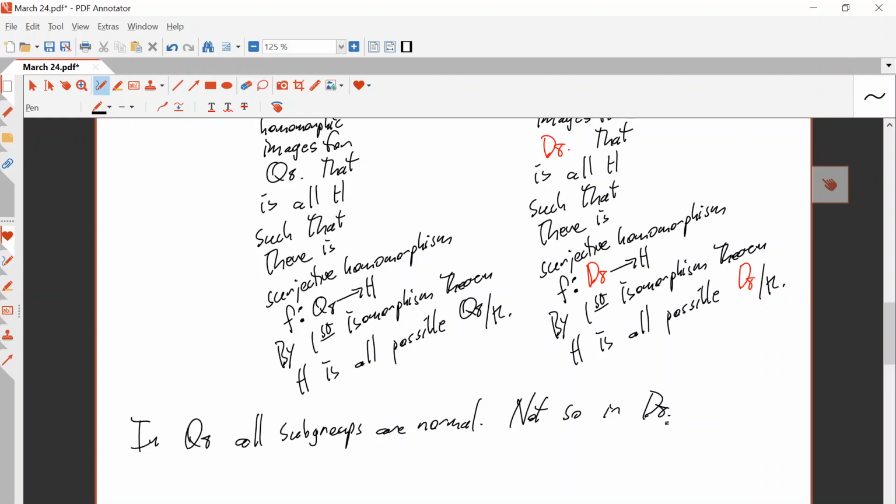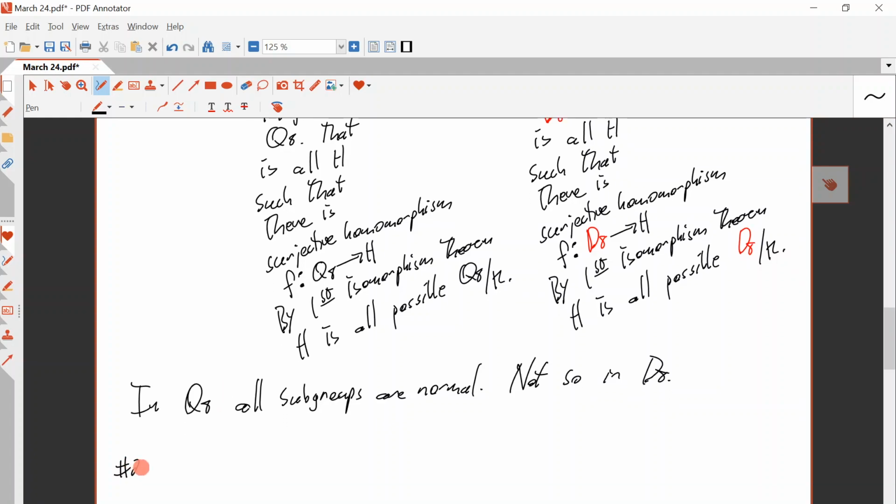Number 22. So number 22, it's a substantial problem, but it's split into three parts. And each part is really self-explanatory again.